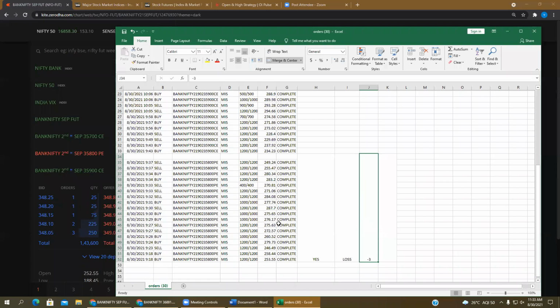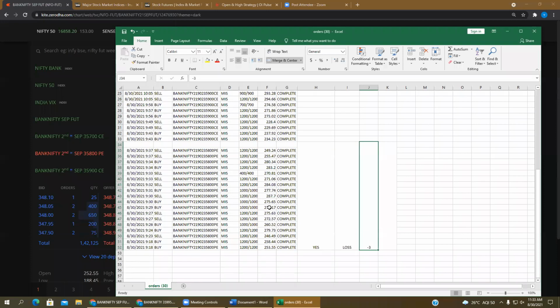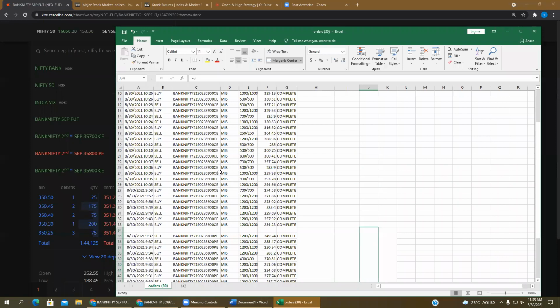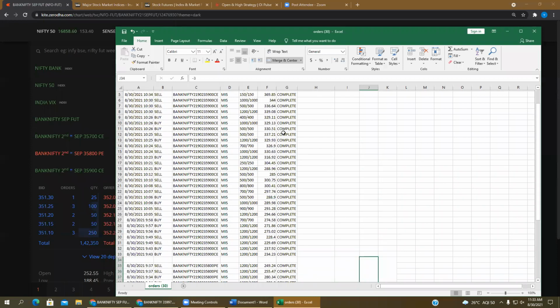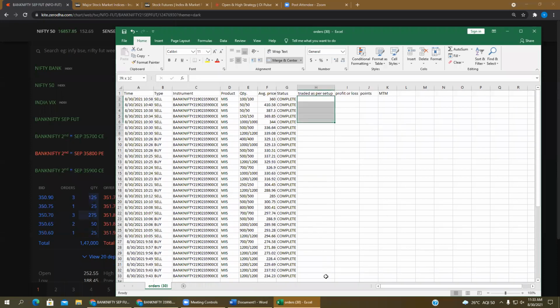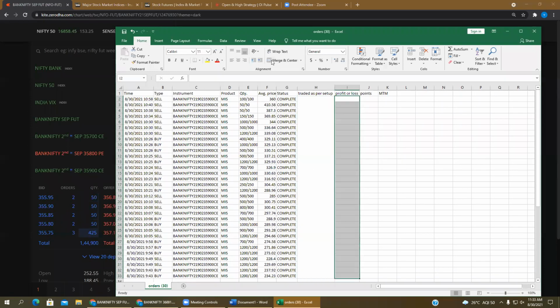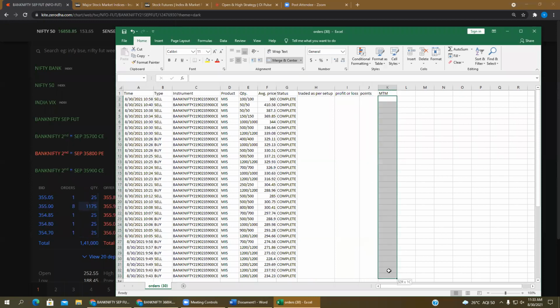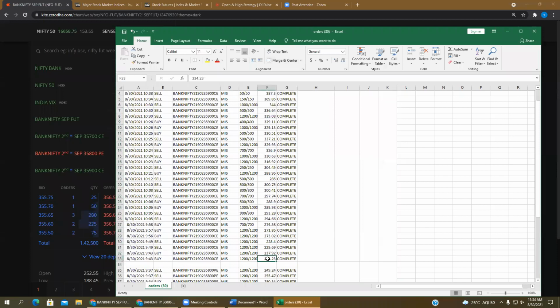Now the second trade I took, this was 234, 237. So this one I sold. This was the second trade directly. Here I bought this one, this.